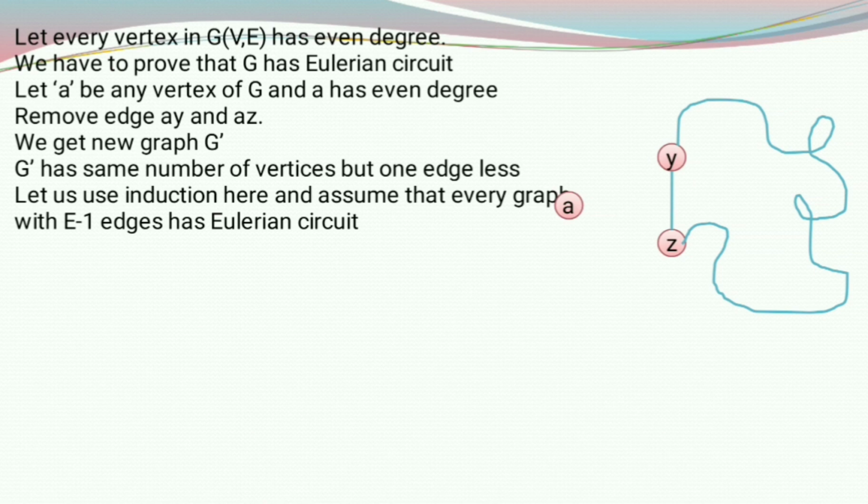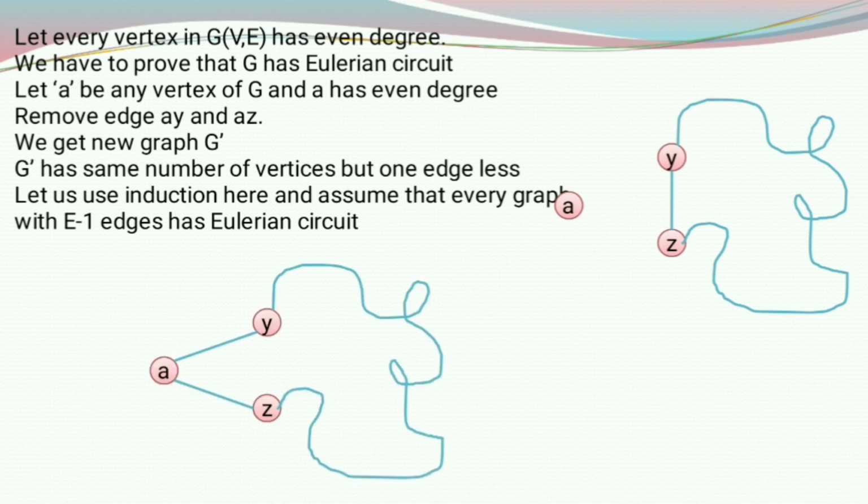If I again trace my Eulerian circuit, it starts from Y, goes like this, and comes back to Z. Now instead of going here, it will go to A and then come back to Y. So we get an Eulerian circuit in G.